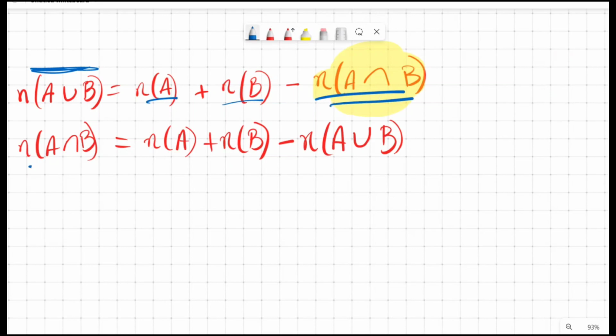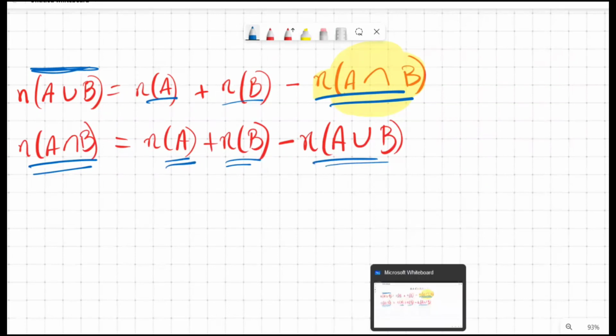But if you're trying to find the number of elements in the intersection, you add up the number of elements in the sets, then you subtract the union. We're going to be using that, and it's used quite a lot in these sorts of exams.